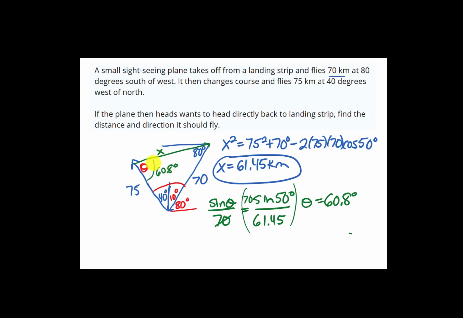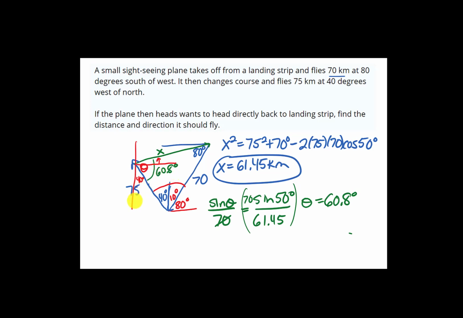But if we wanted to measure the direction we're heading back here, we could measure that off from east, and we'd need to know this little piece in here. So let's see how we would get that. Let's make a north-south line. Here is a parallel line to this line, so alternate interiors. This is 40 degrees, and the whole thing here is 60.8.